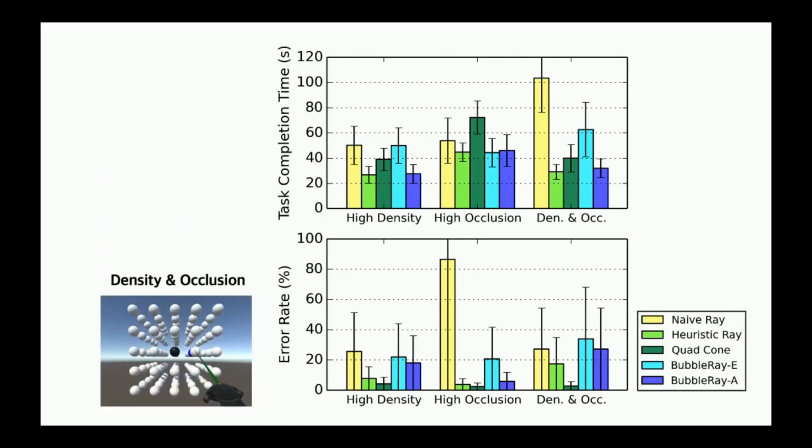In density and occlusion scenes, all raycasting techniques had higher error rates, except Quad Cone, because it had a disambiguation step to increase the robustness. In general, we can find that bubble ray A had a higher selection speed, but in dense scenes it became error-prone.